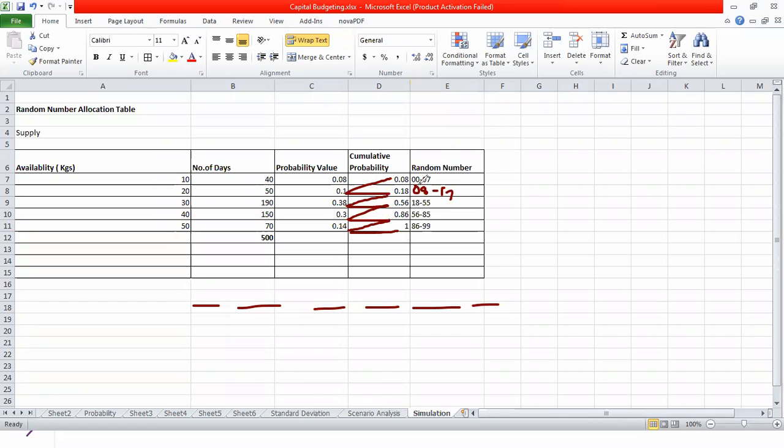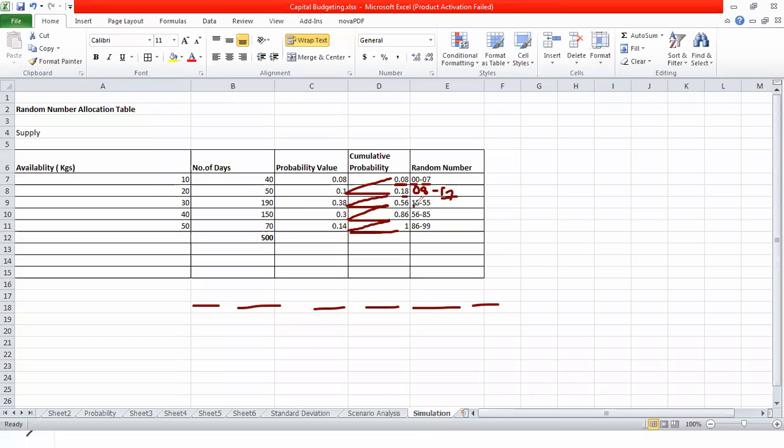That is important. We will start from 00 and stop at 07. There is a trick, you can say. See here, cumulative probability is 0.08, so you should stop one less: 00 to 07. 8 means you will stop at 7. Then next you start from 08, and here it is 18, so we give 17.